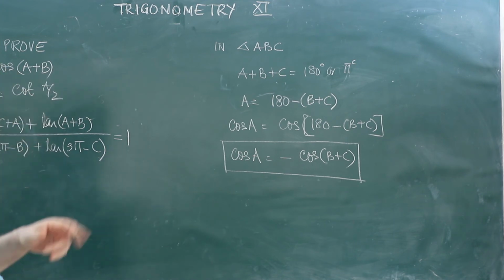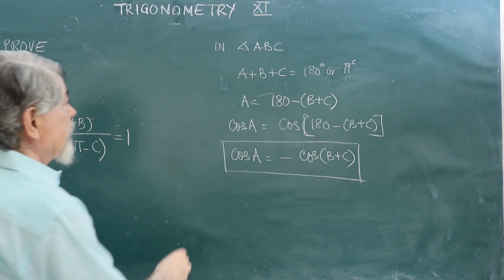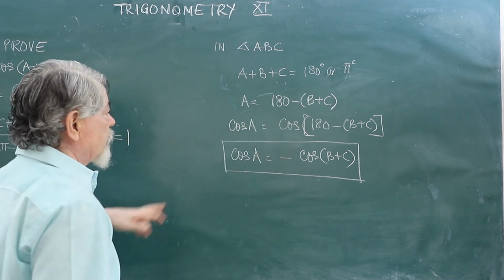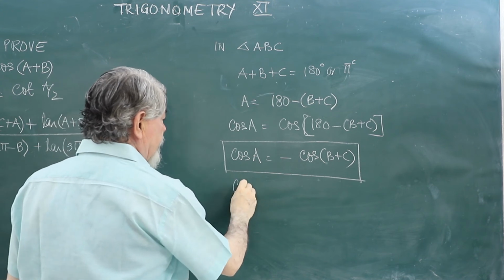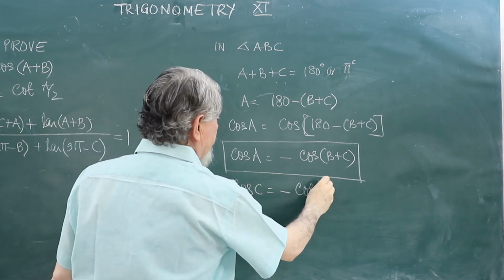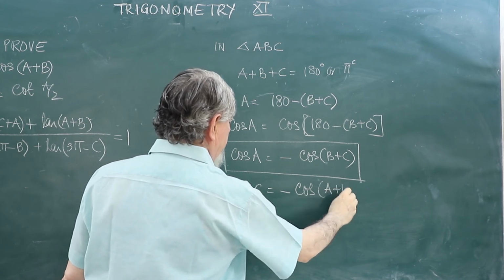We had to prove cos C, and I have written B plus C. Okay, we can do that also. If I change it to cos C, then cos C could be minus cos (A plus B).